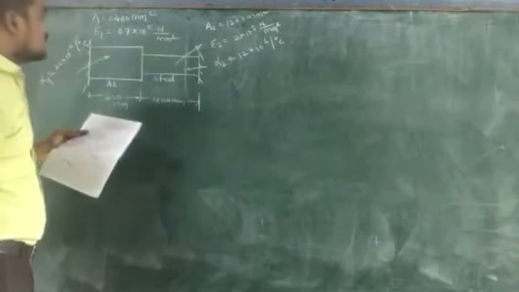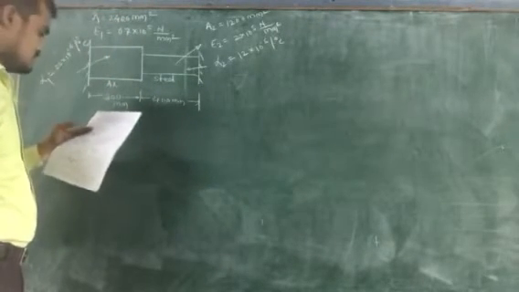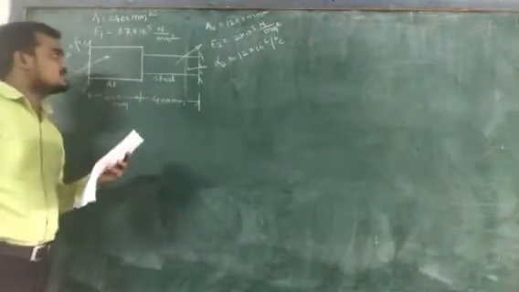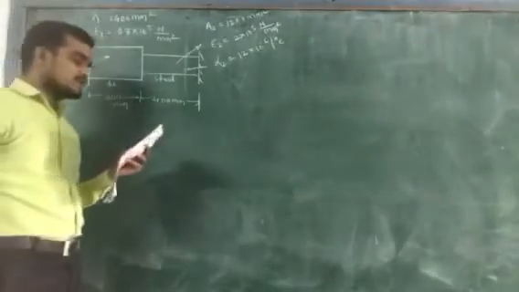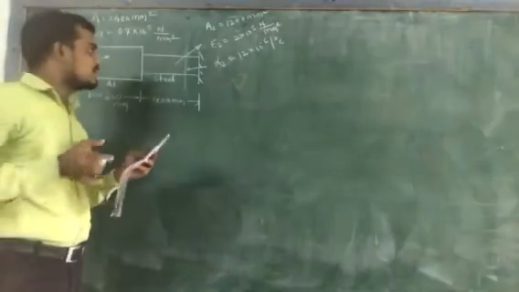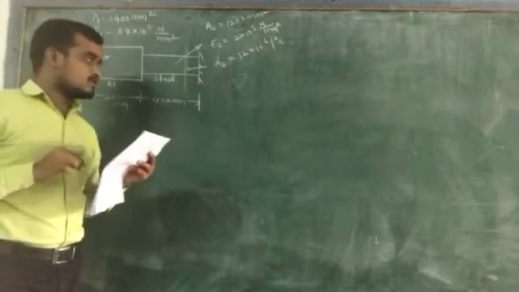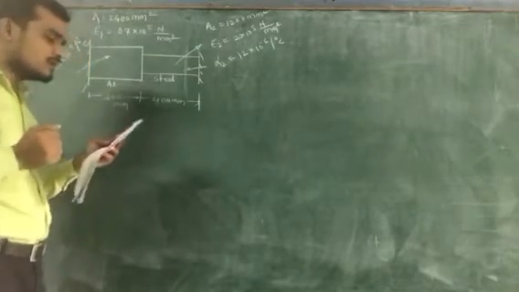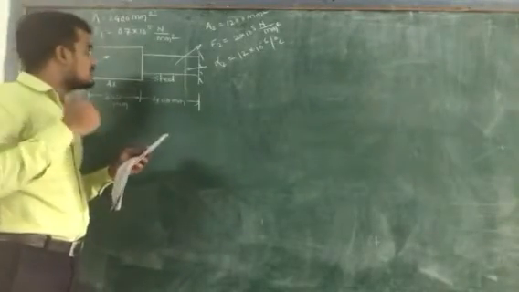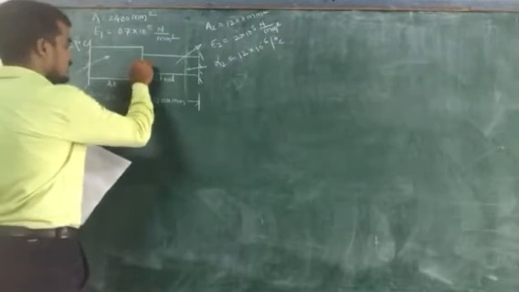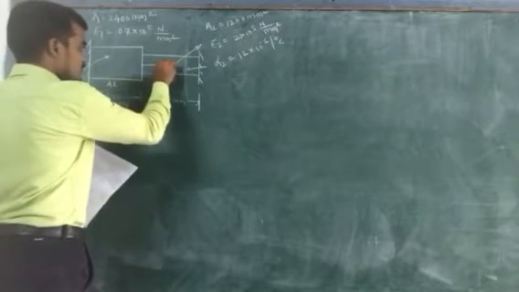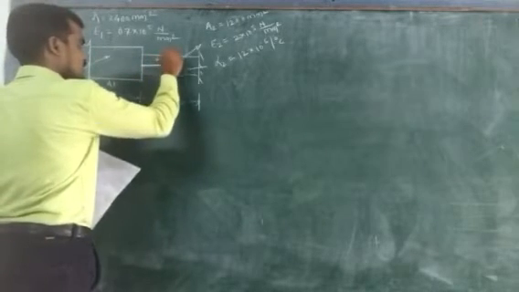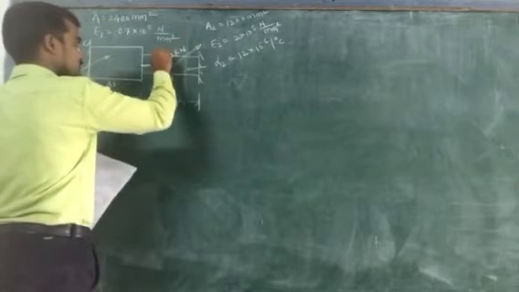All the data is given, and the problem is: determine the nodal displacement at node 2, stresses in each element, and the support reactions in the bar shown in the figure due to the applied force P equal to 400 kN at node 2.